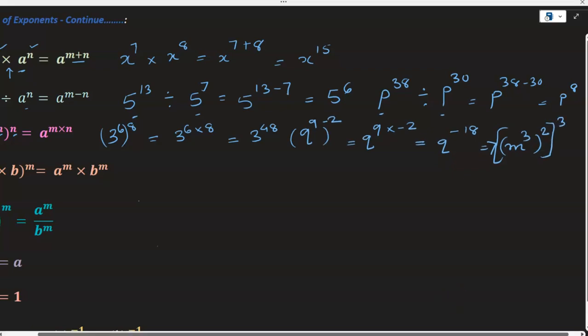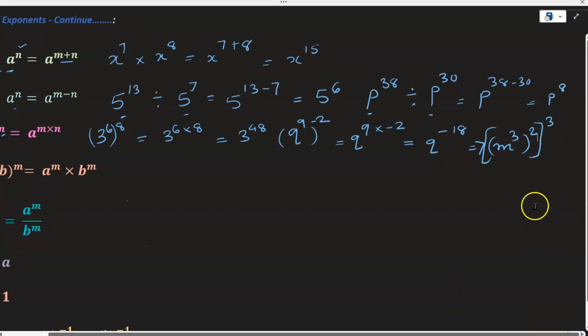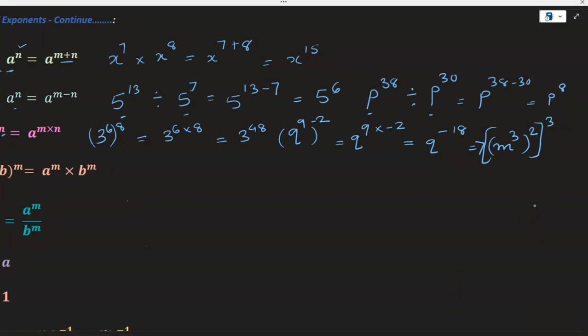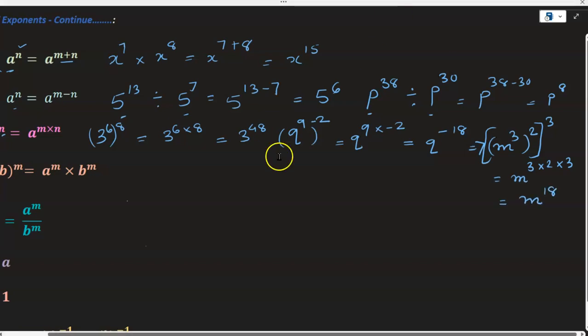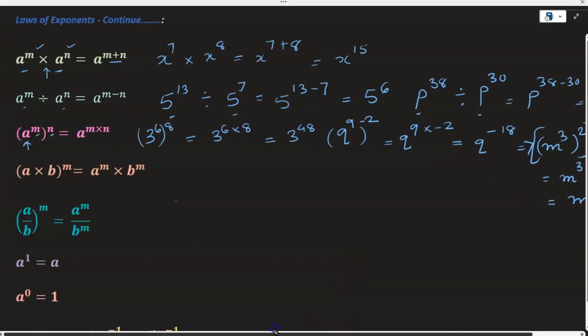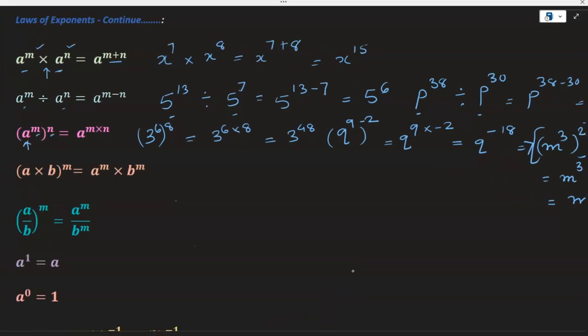So according to the law, you can multiply all powers, and that would be equal to, let me write down here, m to the power 3 into 2 into 3. So it is not like that you can only use for two powers. If you have multiple powers, you have to multiply all powers, and this would be equal to m to the power 18. Perfect.